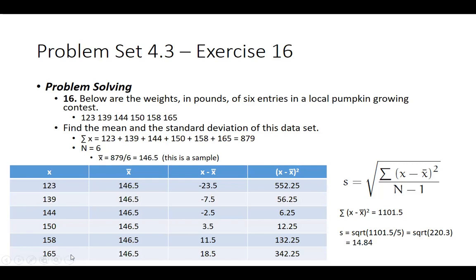So one column for all of our X's, an optional column that lists out the mean each time, and we can do our subtraction. 123 minus 146.5 is negative 23.5. 139 minus 146.5 is negative 7.5. 144 minus 146.5 is negative 2.5. 150 minus 146.5 is 3.5. 158 minus 146.5 is 11.5.